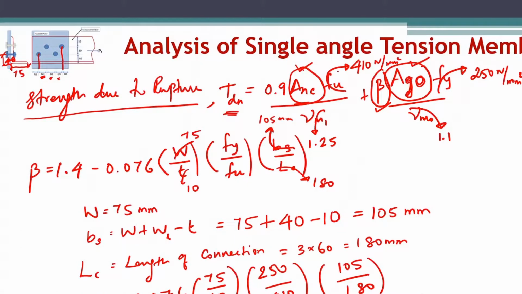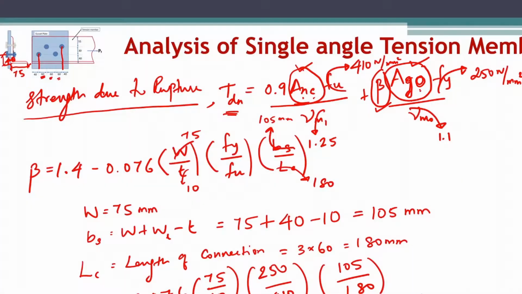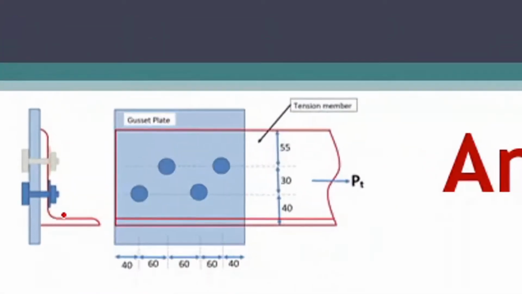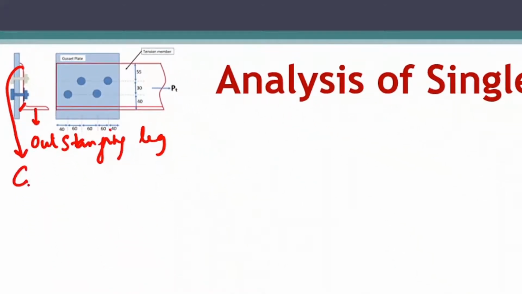Now there are two terms we need to calculate: the net area of the connected leg and the gross area of the outstanding leg. If you see this picture, this is the connected leg and this is the unconnected or outstanding leg.